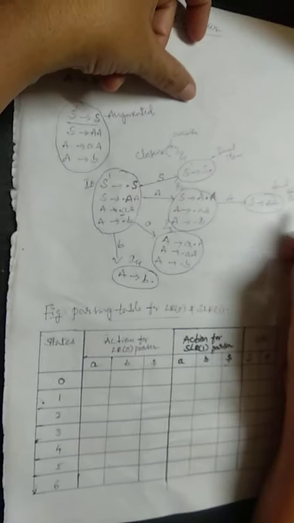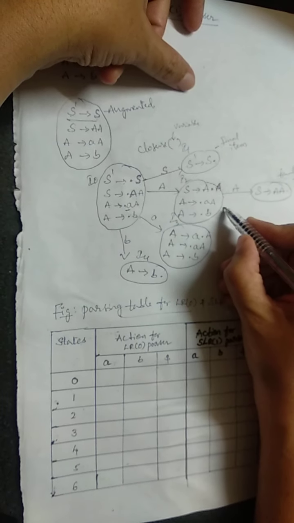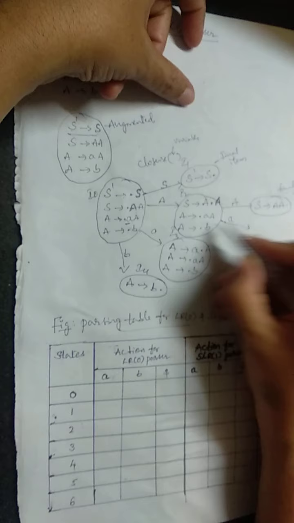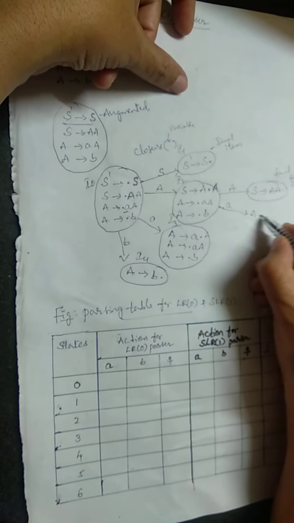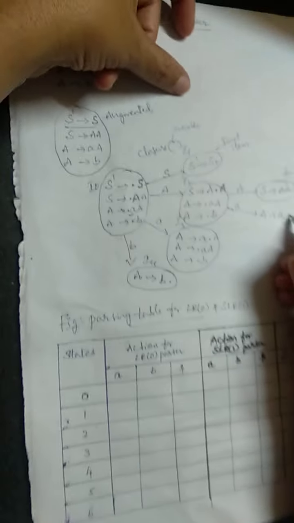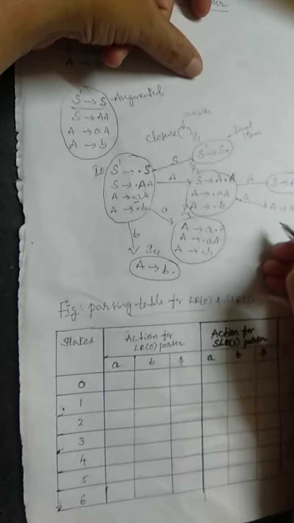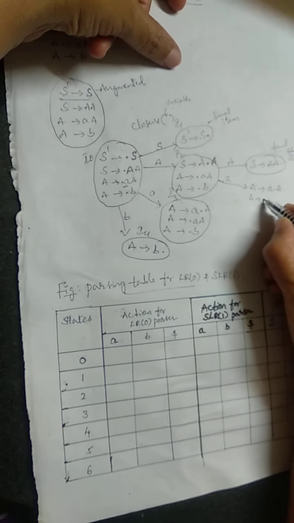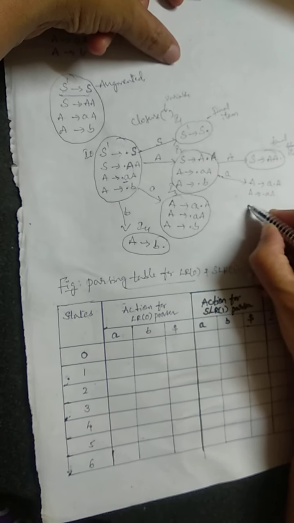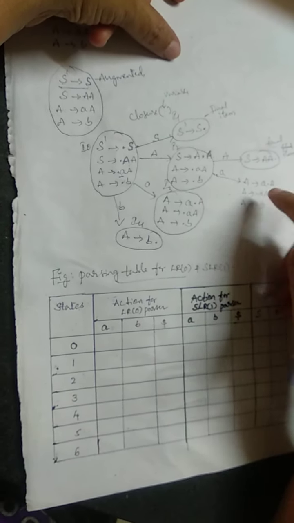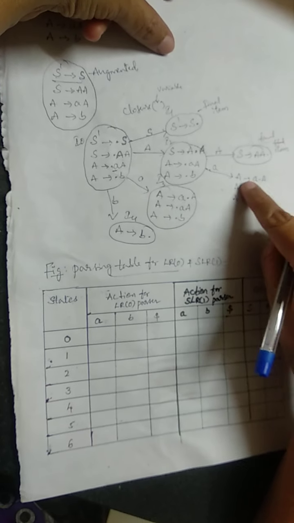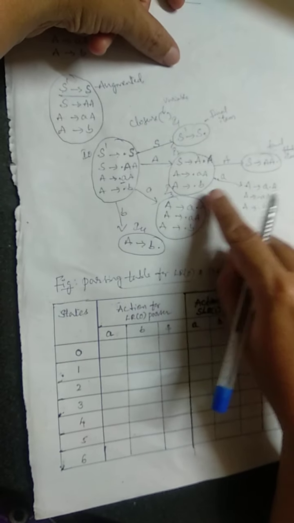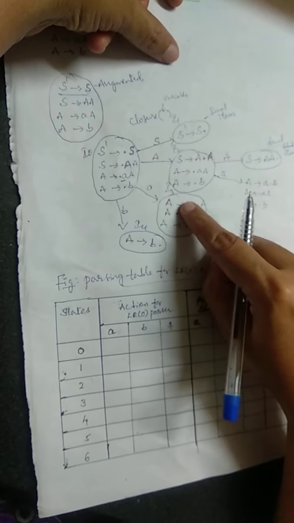No transition will take place from this state onwards. And one more transition from the state I2 on input symbol A implies A dot A. Again A implies dot AA and A implies dot B. So now these items are same as state I3.